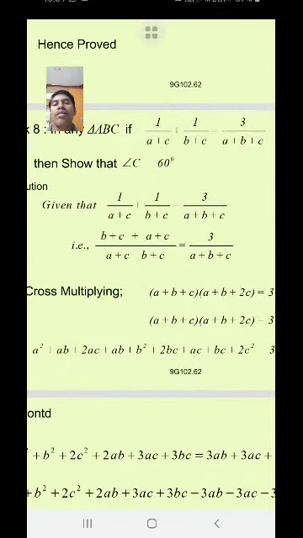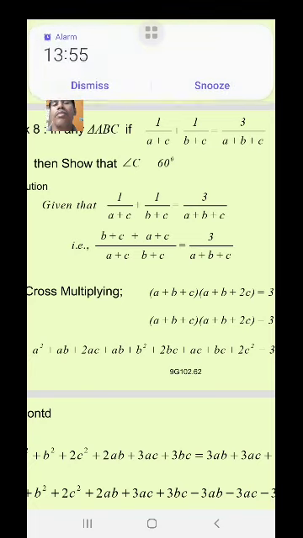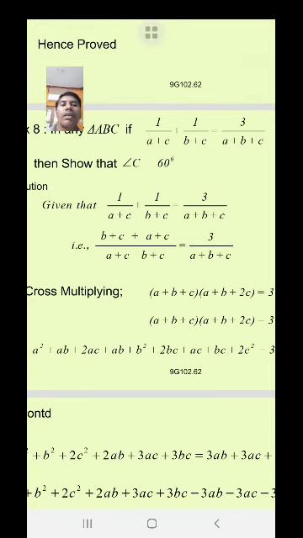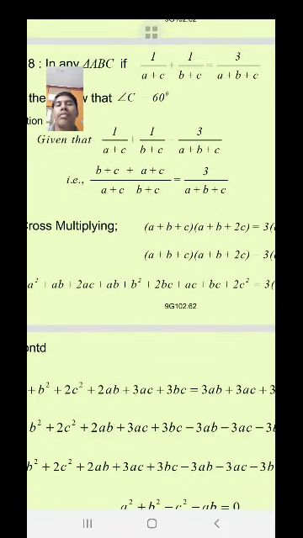So the given condition is 1 by a plus c plus 1 by b plus c equals 3 by a plus b plus c. If we take the LCM, we have b plus c plus a plus c in the numerator and a plus c into b plus c in the denominator. Brackets are missed in the denominator, we have to keep them. That equals 3 by a plus b plus c.